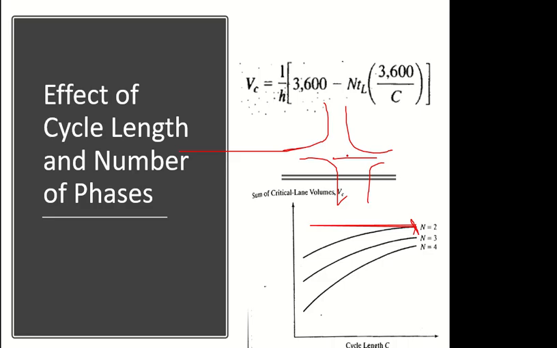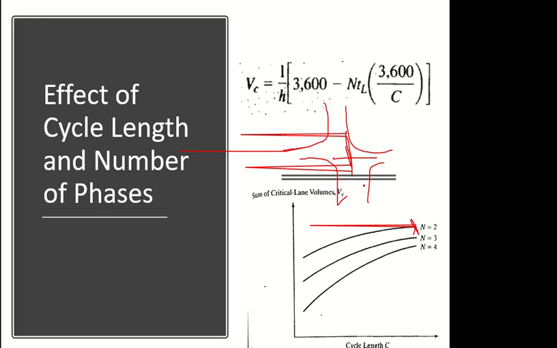We have some here and two on this side. So for these conflicting movements I need to give them more phases, right? I cannot allow two conflicting movements which can crash into each other in the same phase, so I need to increase the number of phases. So it's very difficult to have only two phases.